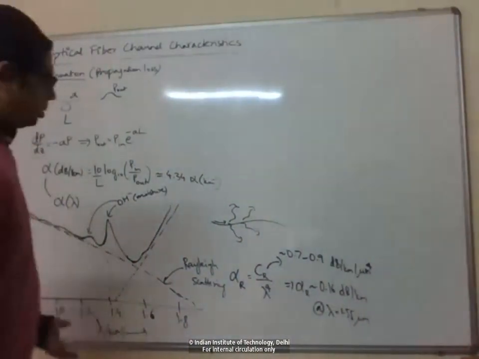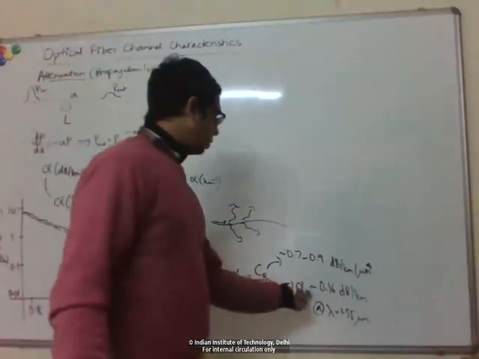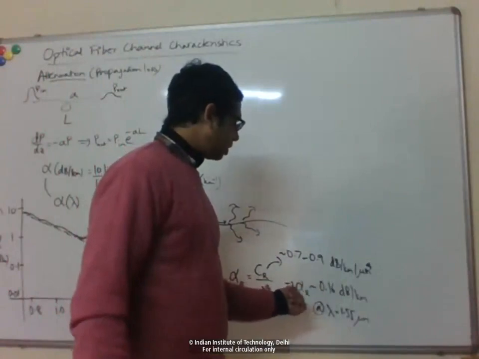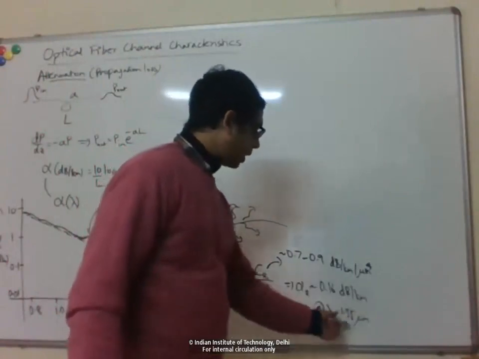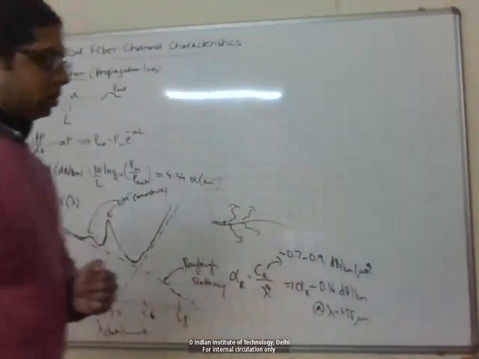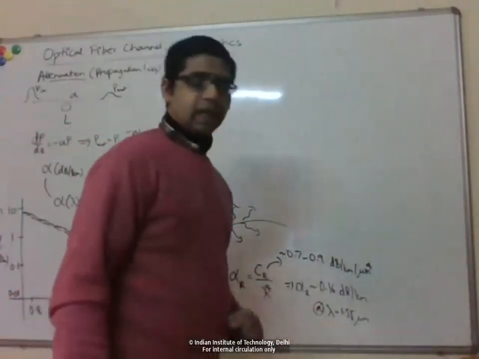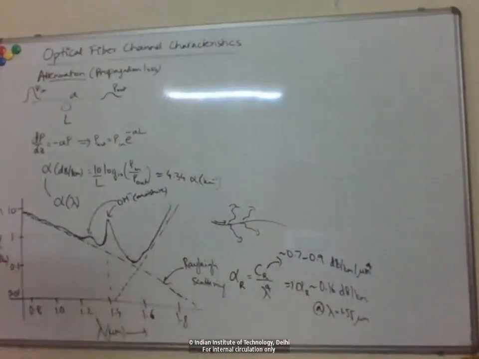And commercial optical fibers have a loss coefficient of about 0.2 dB per kilometer at this telecommunication wavelength. So it's quite close to the fundamental Rayleigh scattering limit.